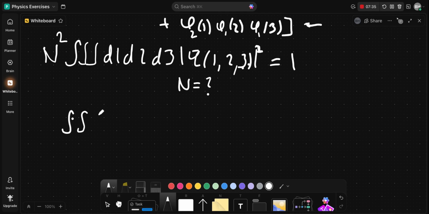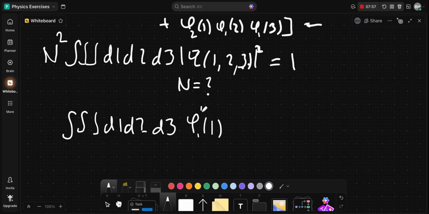Okay, so what is a typical like-times-like term? That's going to be a triple integral. There, the dot should not be there. No, the integral should be there, but the dot should not. Okay, so d1, d2, and d3. I'm just going to quickly normalize this. And there's going to be one term, which is phi 1,1 star, phi 1,2 star, and phi 2,3 star.